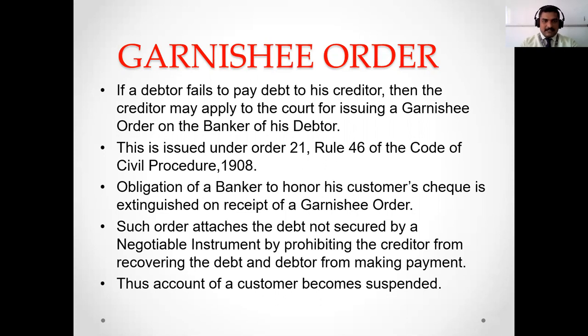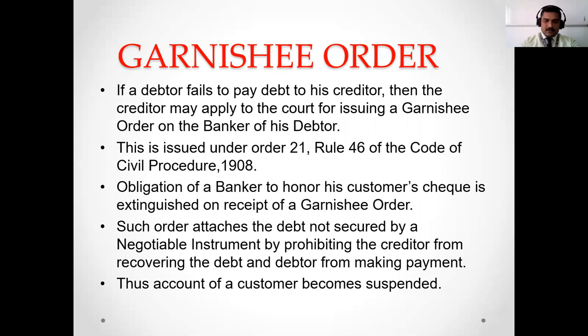There are two parts in this order that we are going to discuss now. This is issued under the Code of Civil Procedure 1908, Order number 21 and Rule 46. Based on this, the Garnishee order is issued; it is a kind of civil case. It is issued by the court to the banker about the bank customer.